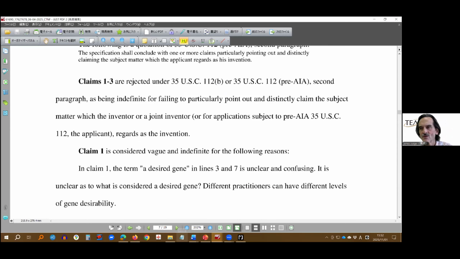It was a 112 rejection. I forget how I found that. But anyway, none of you translators who did the homework would have had this rejection, or your translations would not have resulted in this rejection because you did not use the word desired. So very good job.